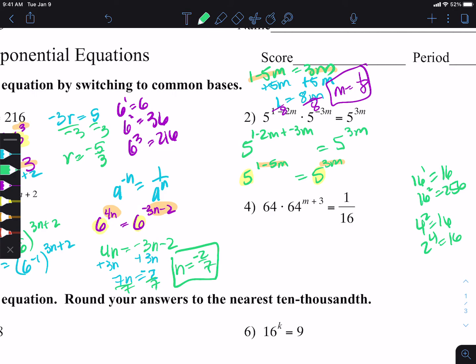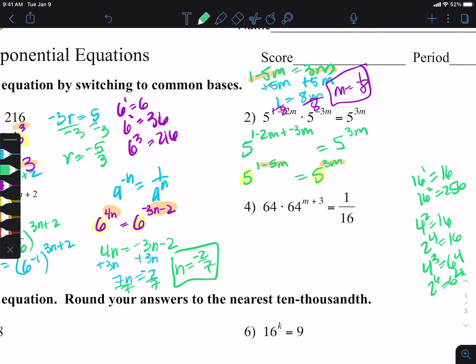If we try 4 cubed, that gives us 64. If we try 2 to the 6th, that also gives us 64. So we have two options here: we could write it as powers of 2 or powers of 4. I'm going to choose powers of 4 because that's the one that I saw first between these two.